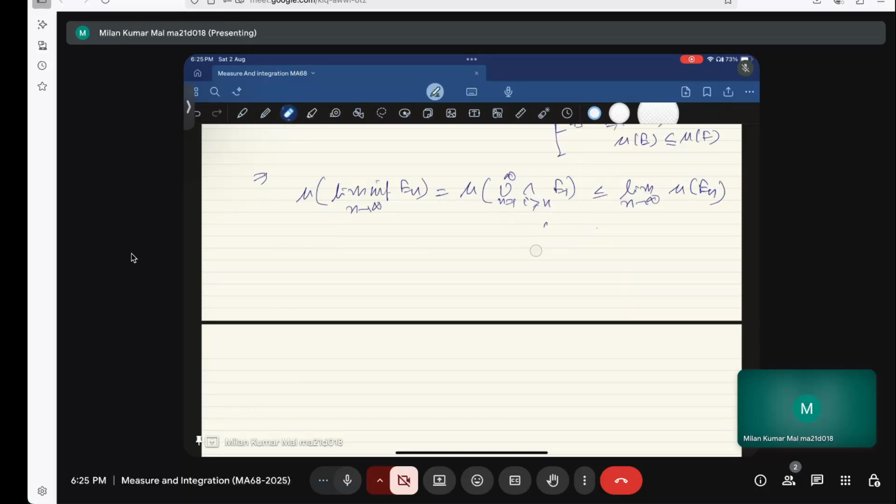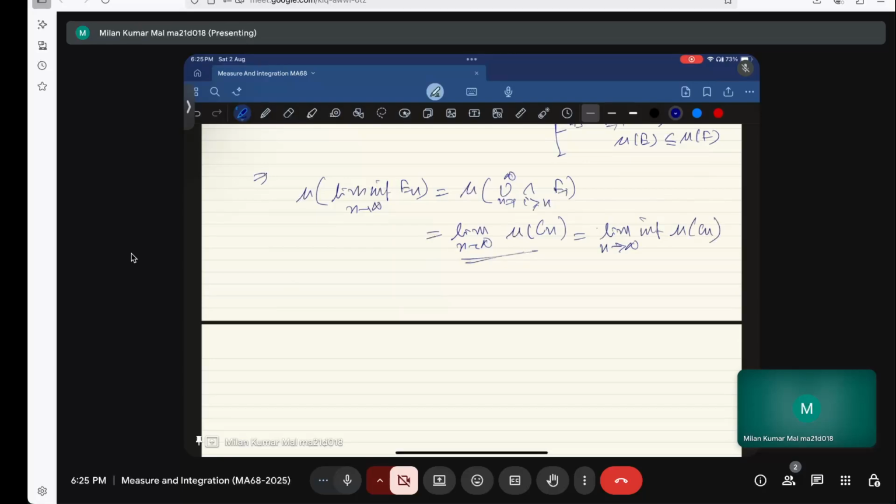So here is the thing actually. Let me write it more precisely. This is equal to the limit as n tends to infinity of mu of C_n, which is equal to the limit infimum, because this is exactly the limit, so this will be the same as that.